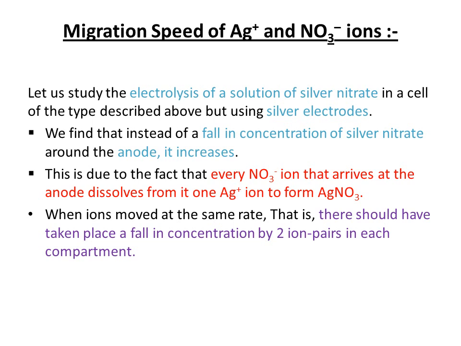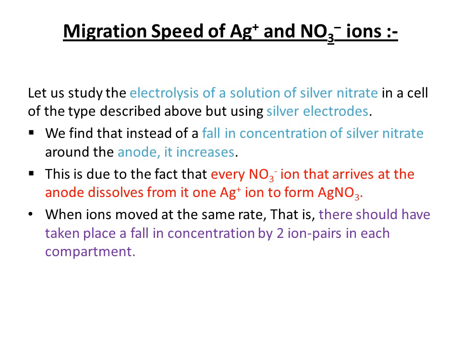When we use the silver electrode, we find that instead of the concentration of silver nitrate falling around the anode, it increases. Why does it increase? Because every NO3 minus ion in that compartment that arrives at the anode dissolves Ag plus from it and forms AgNO3 solution.